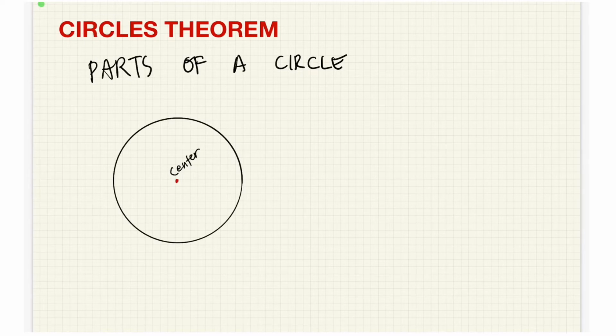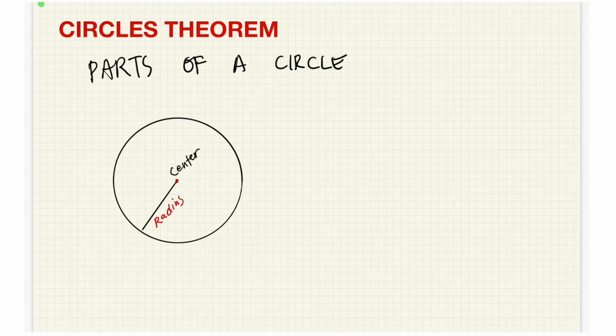The line that connects from the center to the circumference, here we call this one the radius.